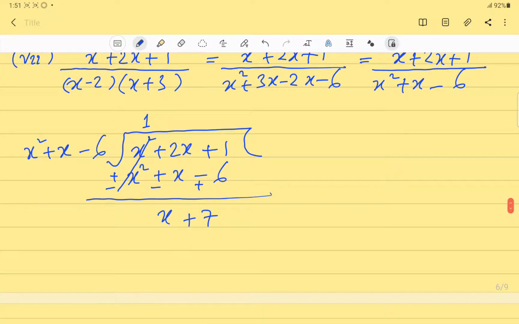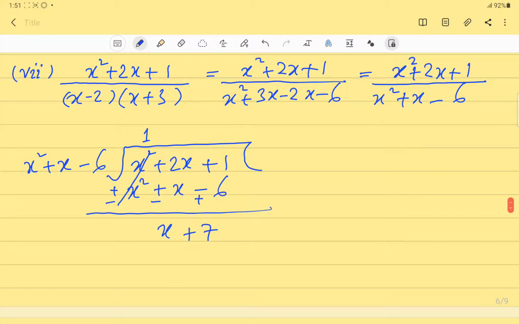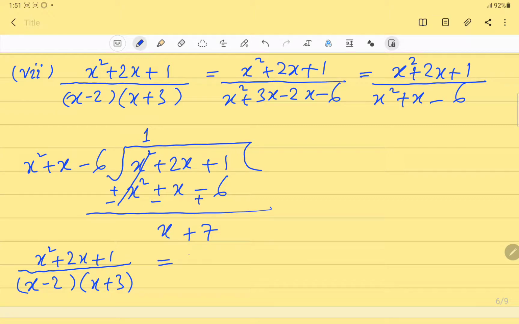Now we can write it like x squared plus 2x plus 1 over x minus 2 into x plus 3 is equal to 1 plus x plus 7 over x minus 2 into x plus 3.